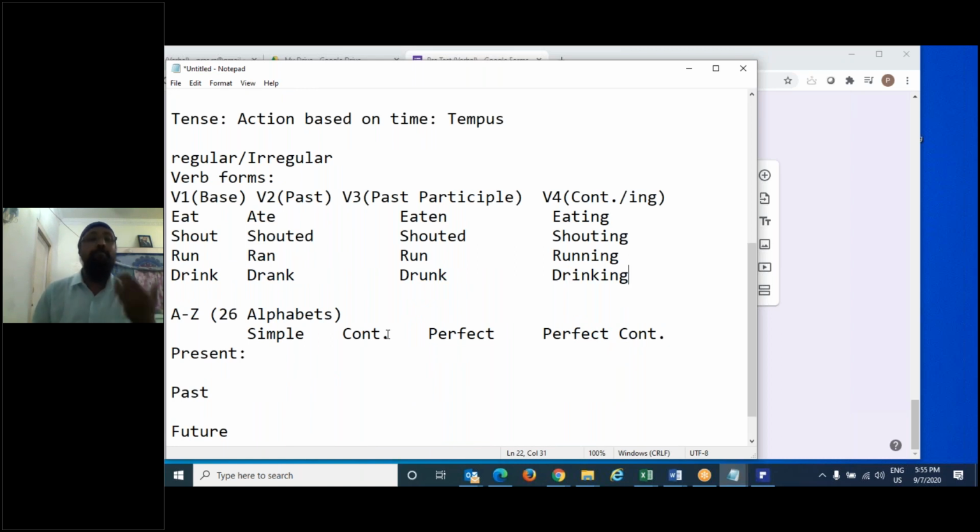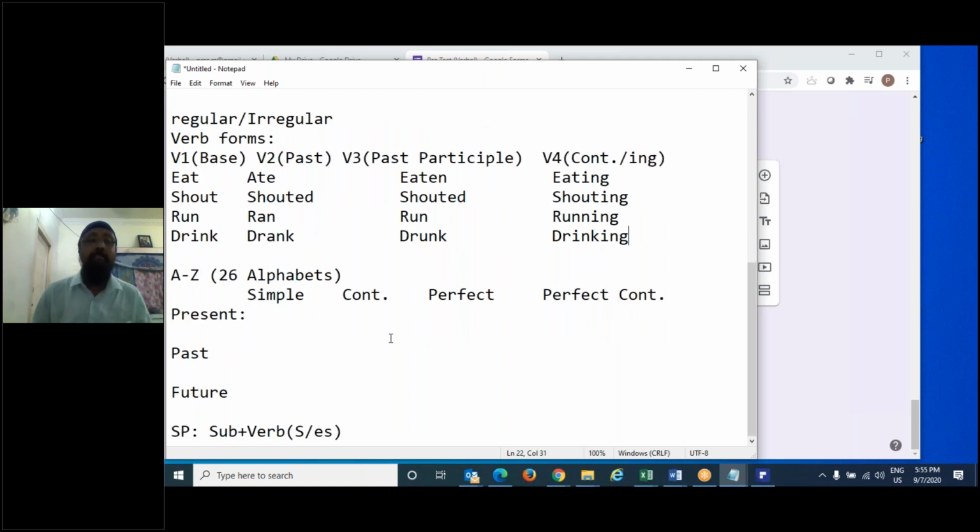So verb forms are very essential too when we talk about the tense rules. Now, subject plus verb or verb plus s or es. Here s and es is again the same verb used in the base form, but it depends on the subject, whether first person, second person or third person.